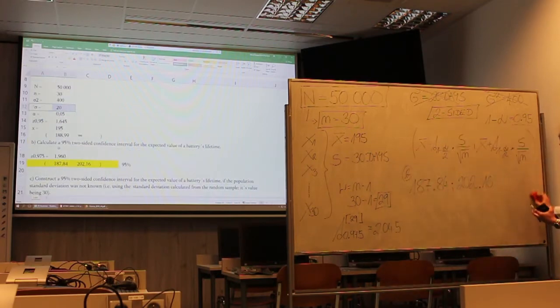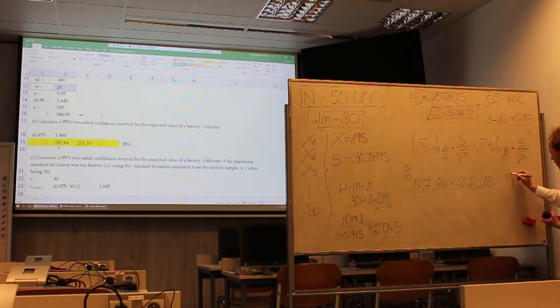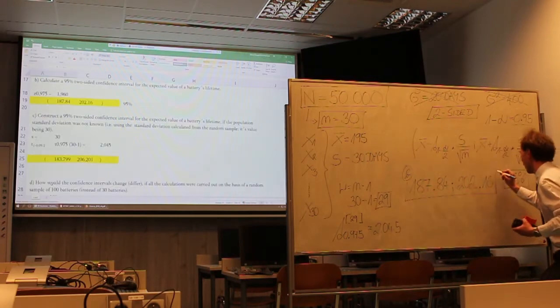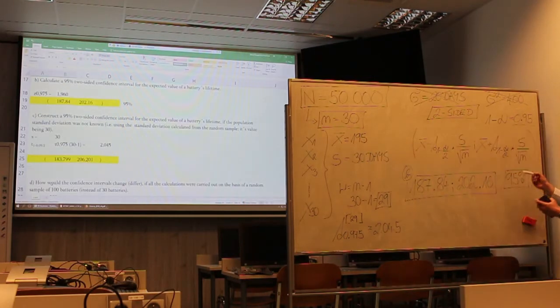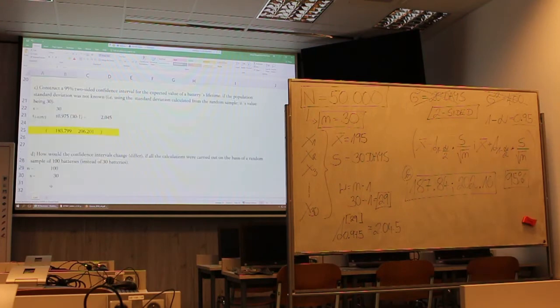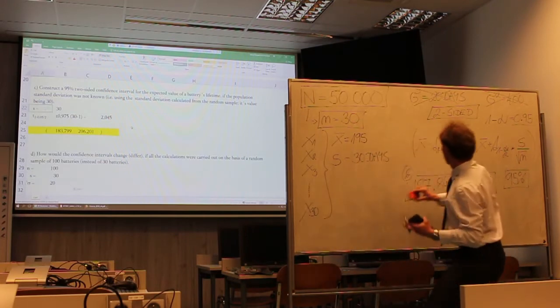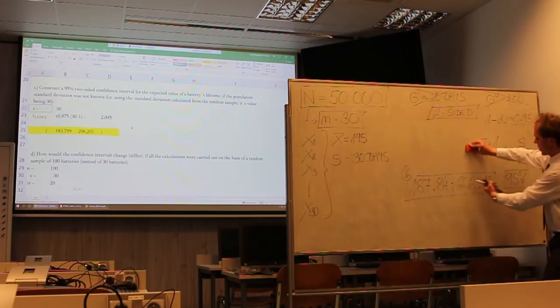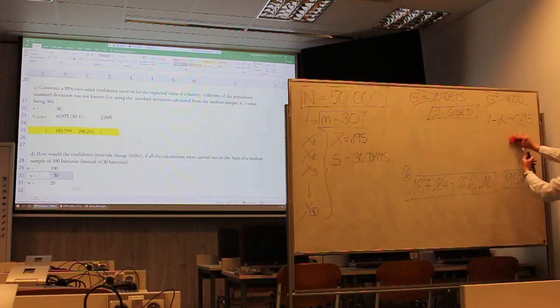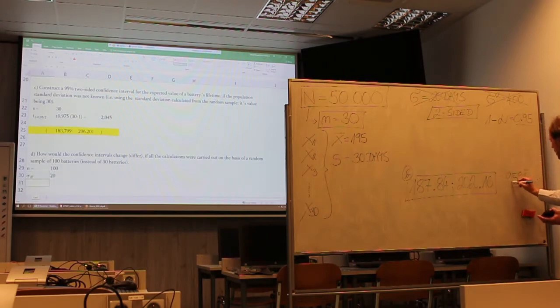This was the 95% two-sided confidence interval if we used known variance and the standard normal distribution quantile. So this was B, and now I will compare this result with a different result for a larger sample.